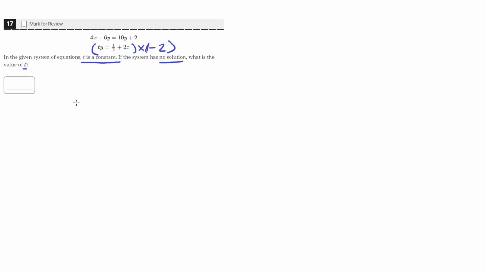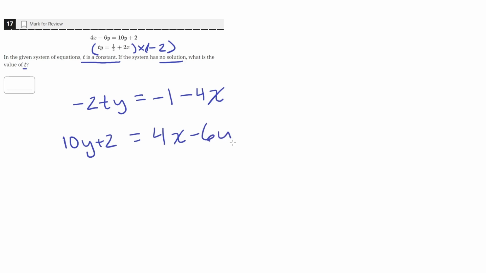So on the left-hand side, we'll have negative 2ty, and then on the right-hand side, we'll have negative 1 minus 4x. And we'll just add that to the first equation. But we'll just reverse this so that the x terms cancel out. So we'll have 10y plus 2 equals 4x minus 6y.